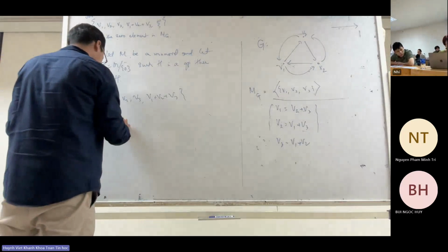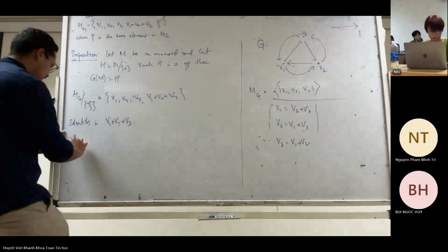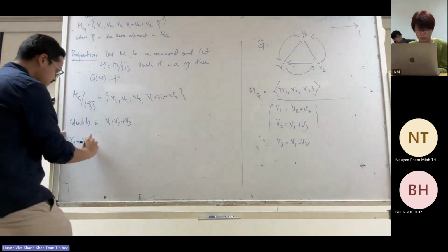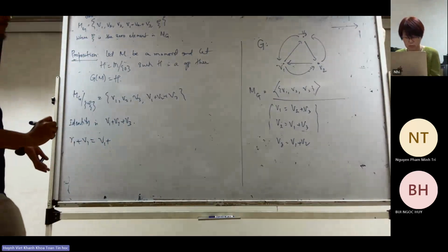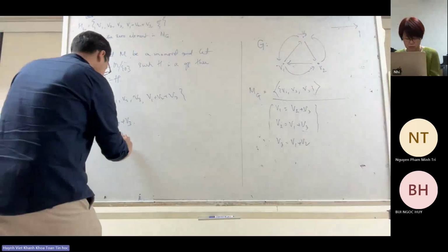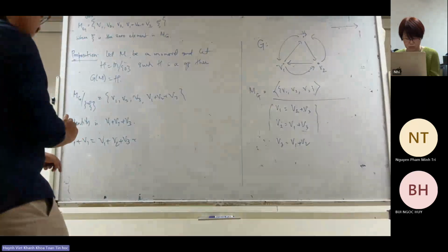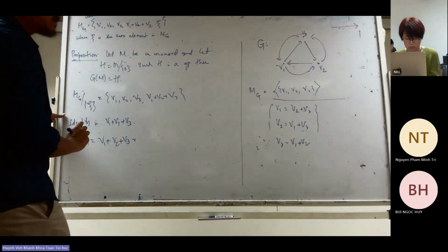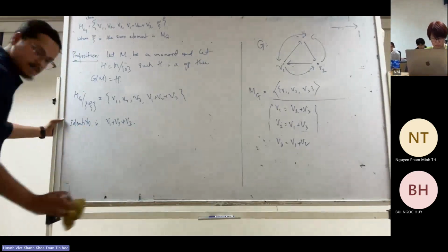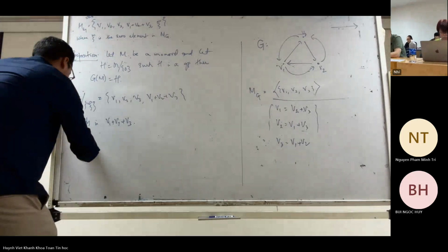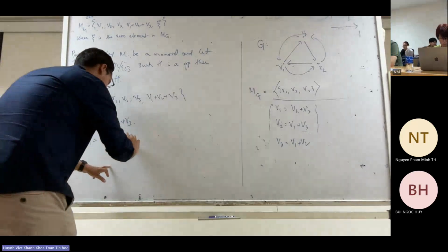So the identity is your V1 plus V2 plus V3. And what is the order of V1? What is V1 plus V1? If I go with V1, this is V1 plus V2 plus V3.